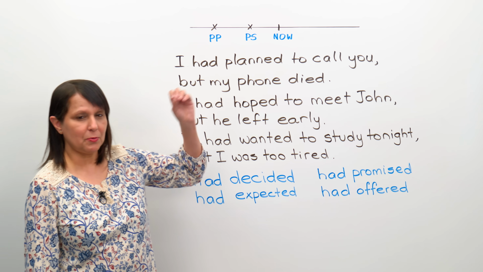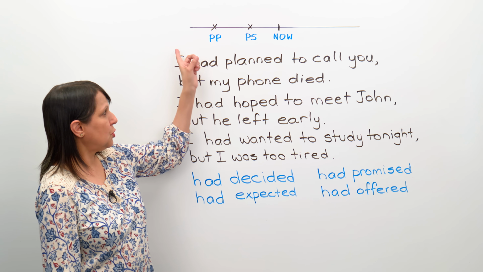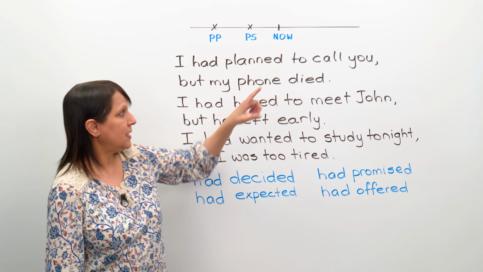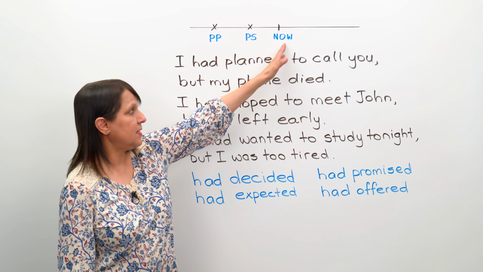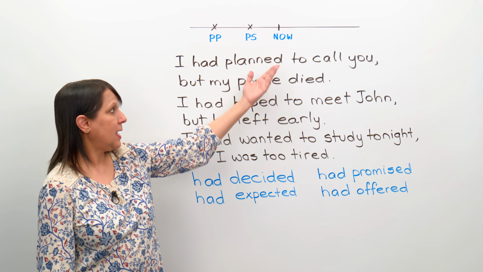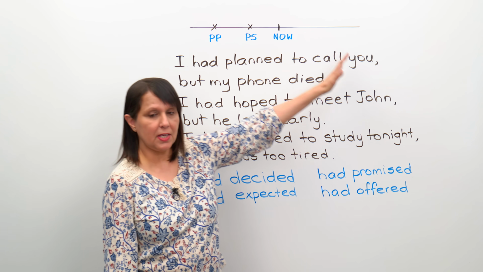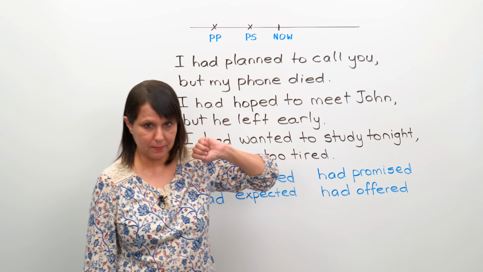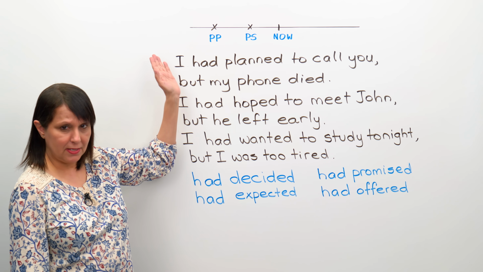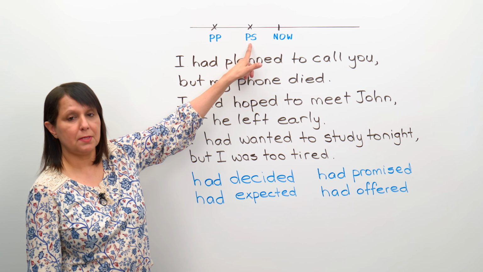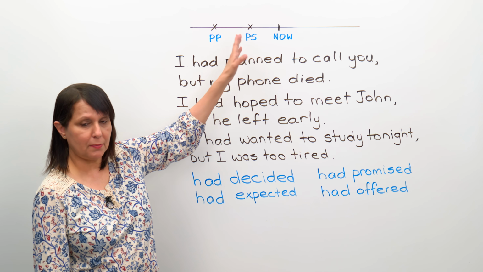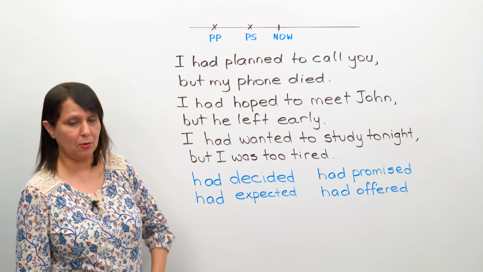So let's just start with a little intro to show you a timeline here. In this timeline, we see this is now. Everything before this is the past, and everything after this is the future. In the past, we can use the past simple to talk about anything that happened before now.